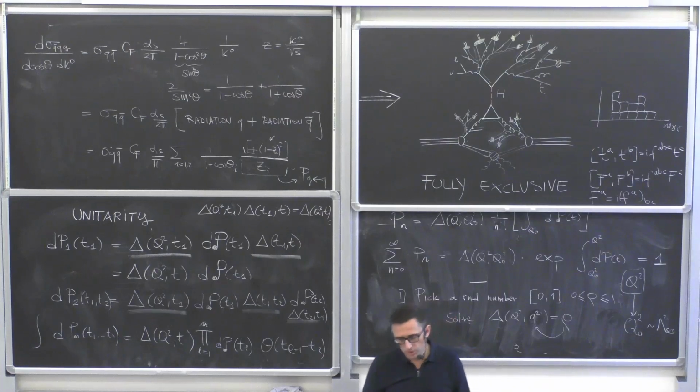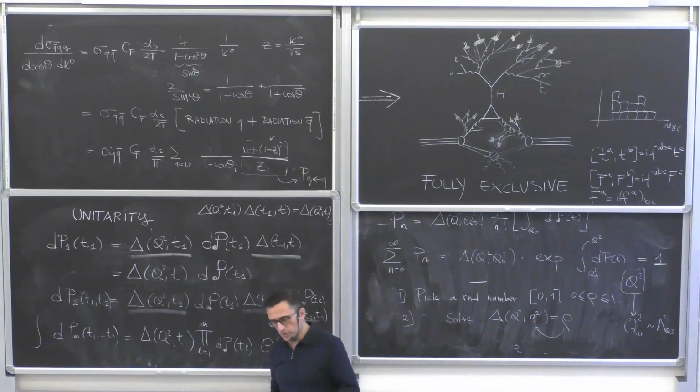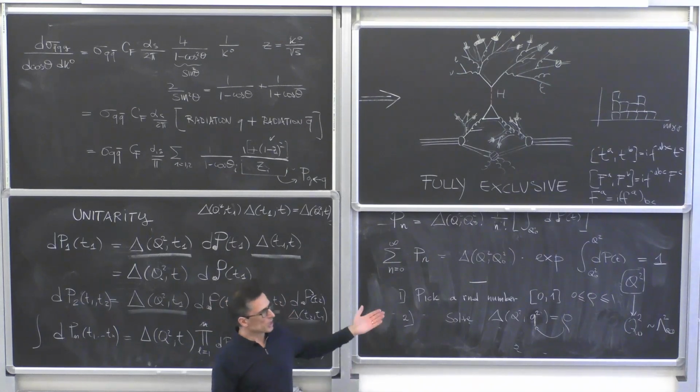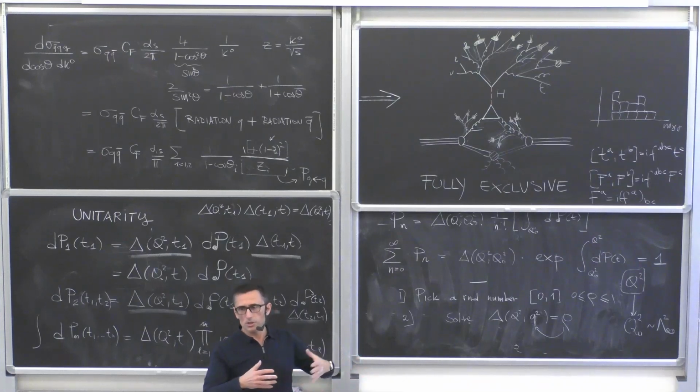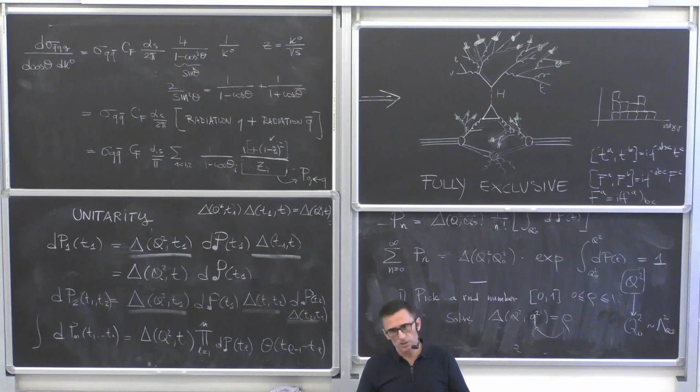So this is called merging, and there are a lot of techniques and improvements over the years, and a full technology. So this is how all the Pythia, Herwig, Sherpa, all these Monte Carlo work together with matrix element generators like MadGraph or Alpgen or other codes which compute instead the matrix element at fixed order.